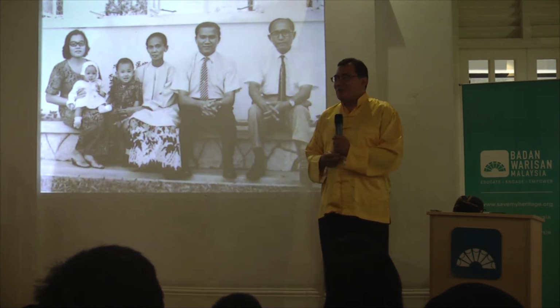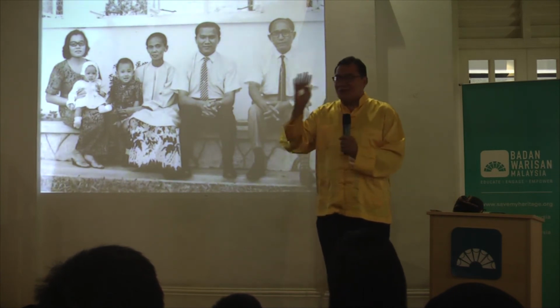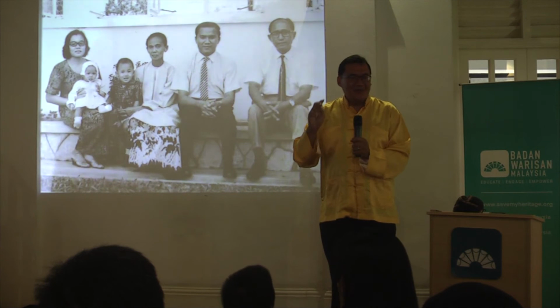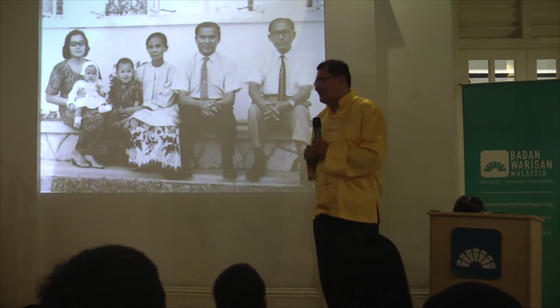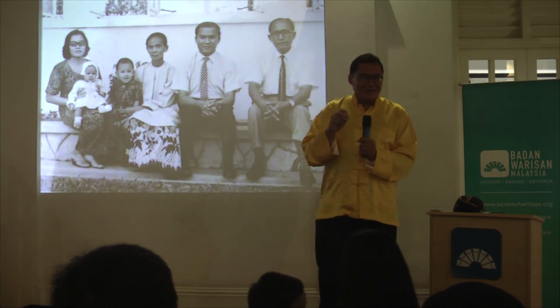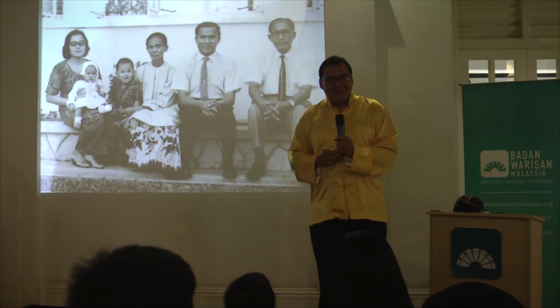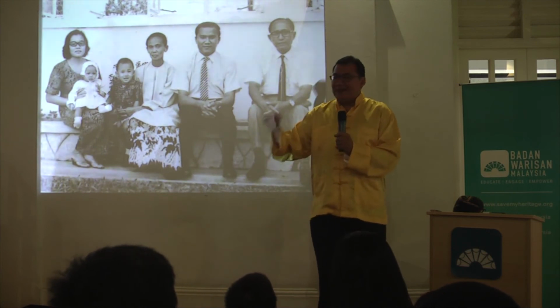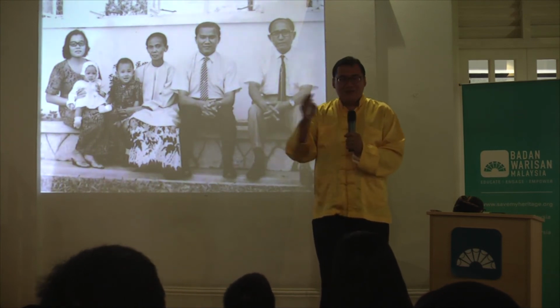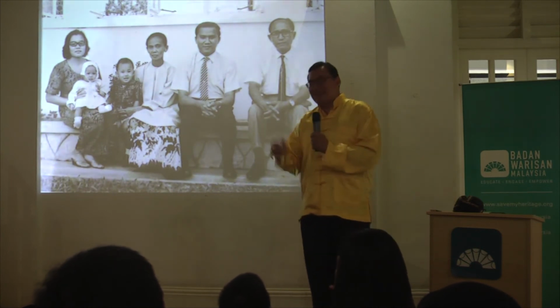And his first job was what is called a kerani nyamuk. Anybody knows what a kerani nyamuk does? Literally, mosquito clerk. Okay, people look puzzled. Basically, it's a health inspector, because he goes around and looks at places to ensure that there are no mosquito breeding places. Okay, so it's a health inspector.